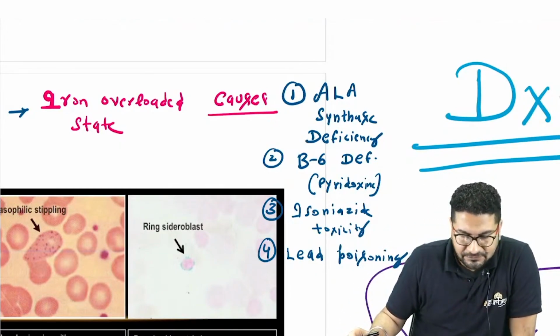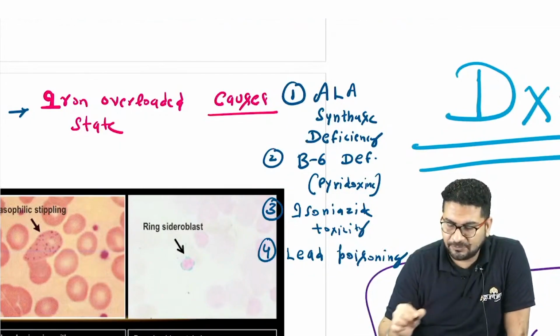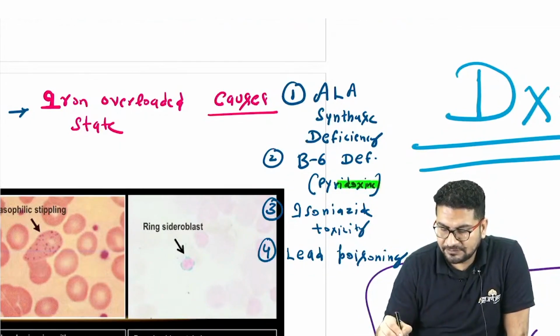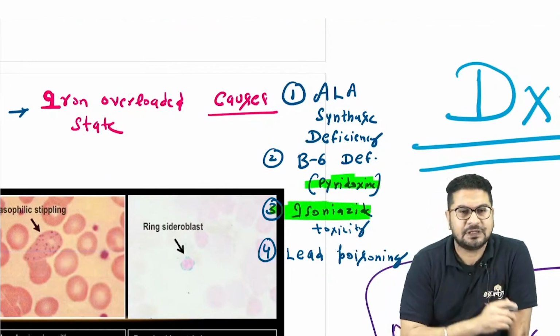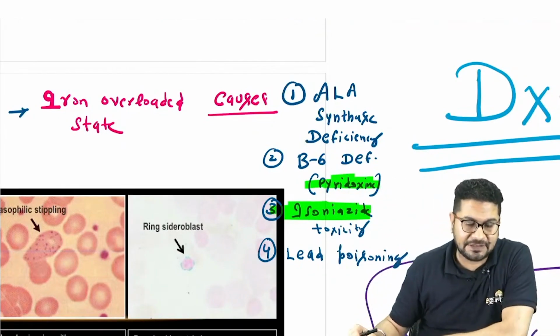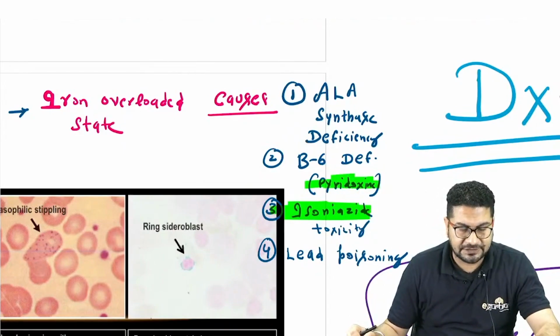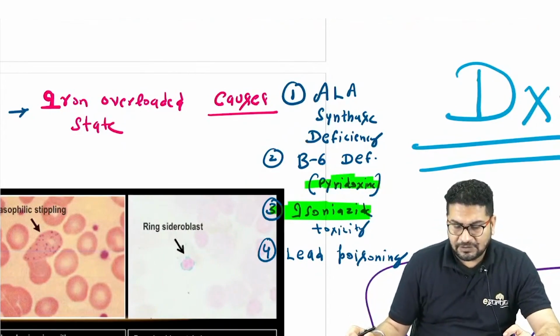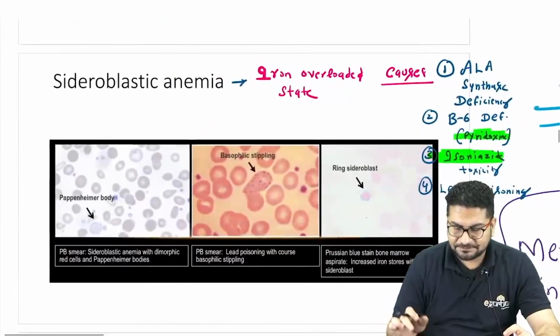From an MCQ point of view, what you have to remember is pyridoxine and isoniazid. It can occur because of pyridoxine deficiency or isoniazid toxicity. Clear? It is like an iron overloaded state, where the body has too much iron.